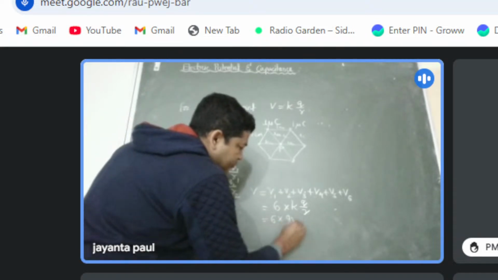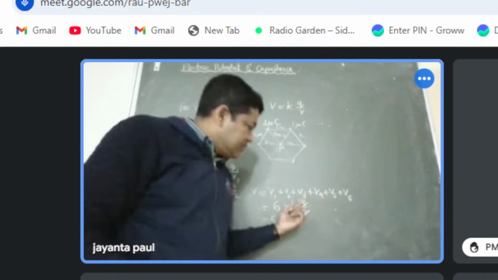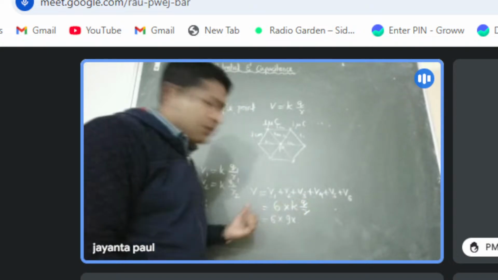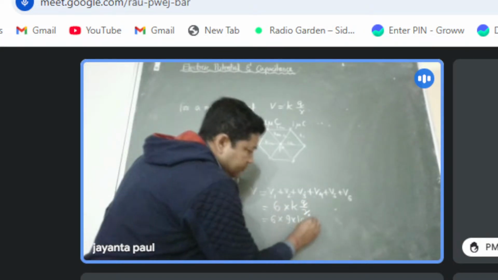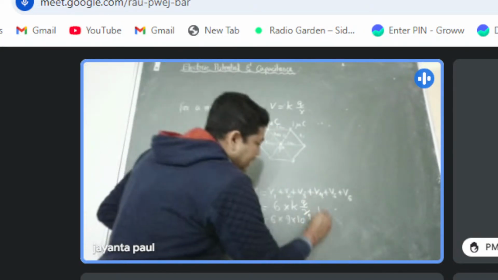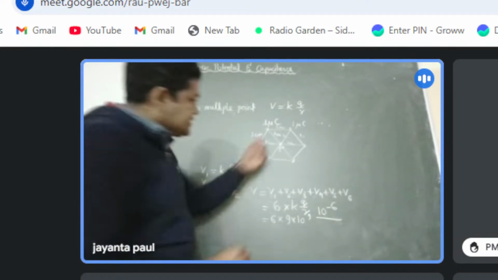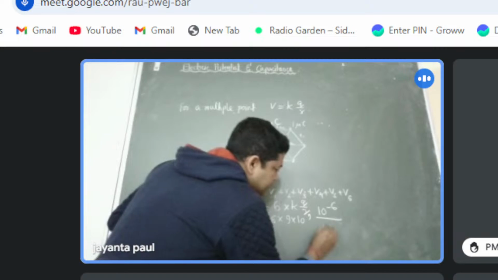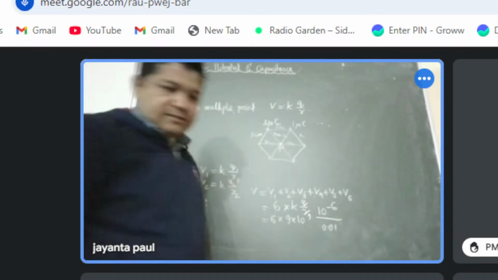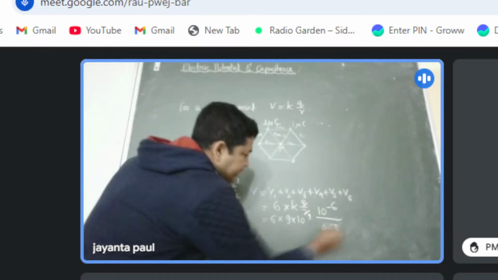Yesterday I said that when we do numericals, we have to write the value of K as 9 into 10 to the power 9, and the charges are of 1 microcoulomb, so 10 to the power minus 6, and the distance is 1 centimeter, that means 0.01 meter. So you can solve this one.